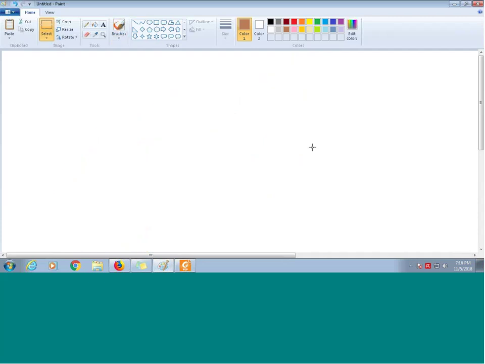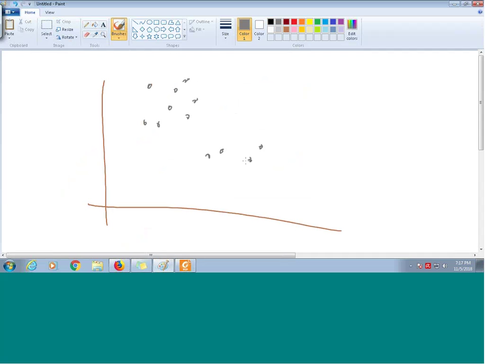So the assumption is this: let's assume that this is the space, and these are the data points that you have. I ask you, k is equal to 3. There are 3 clusters. If I ask you to give me the 3 clusters, what would you do?